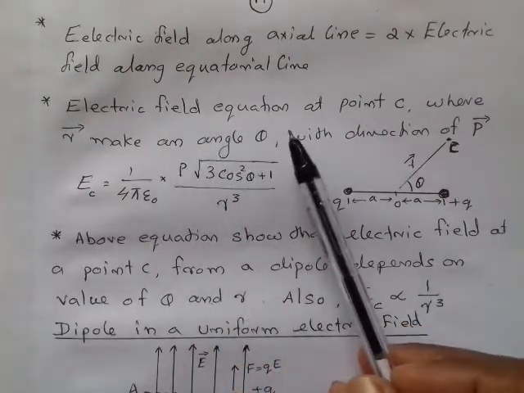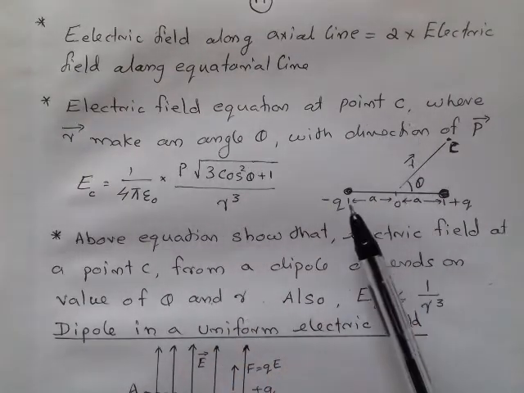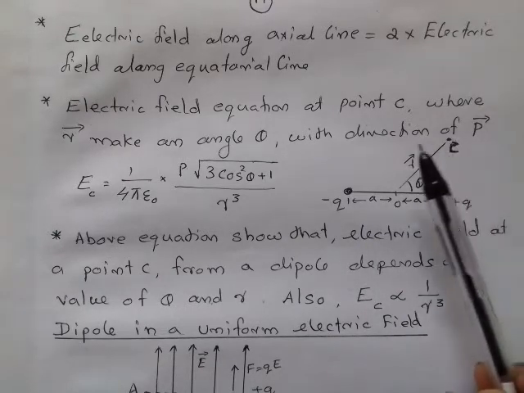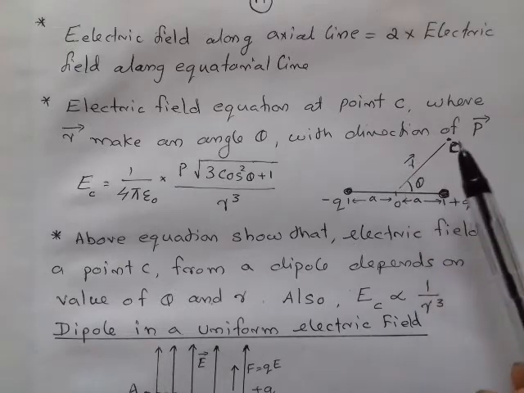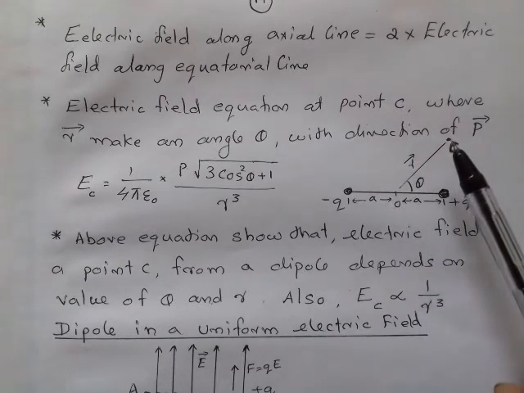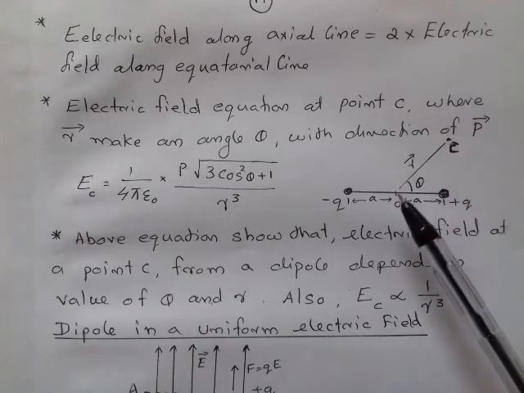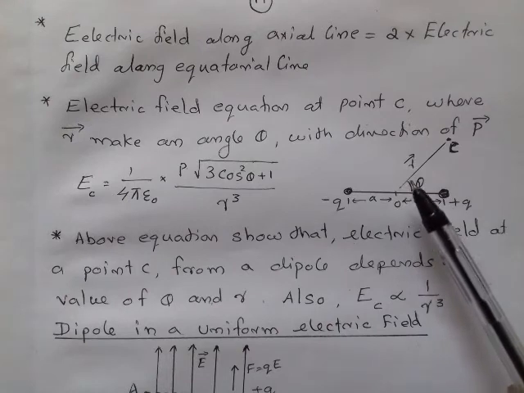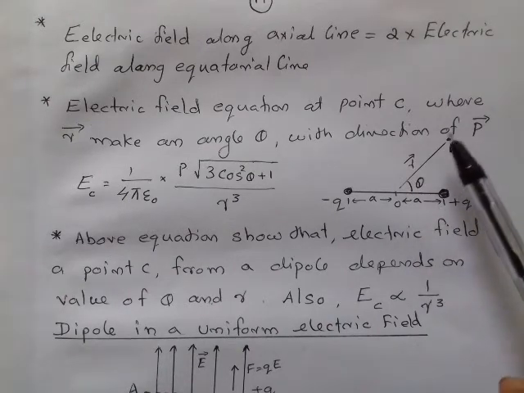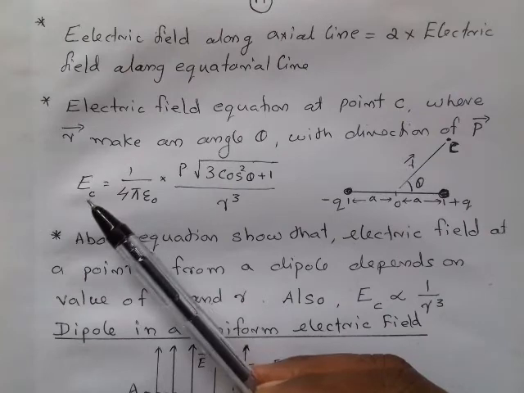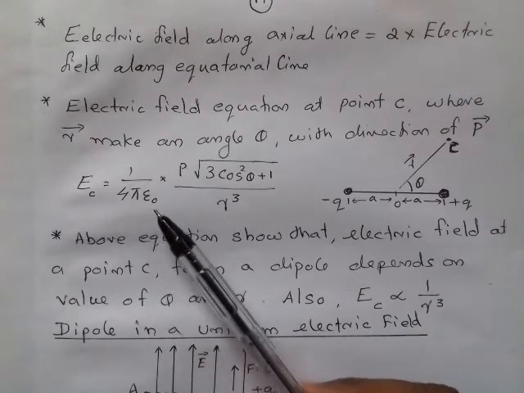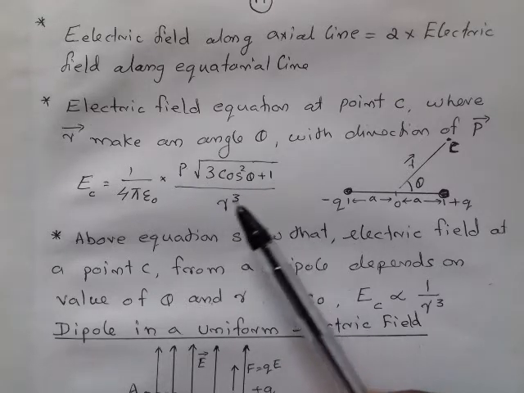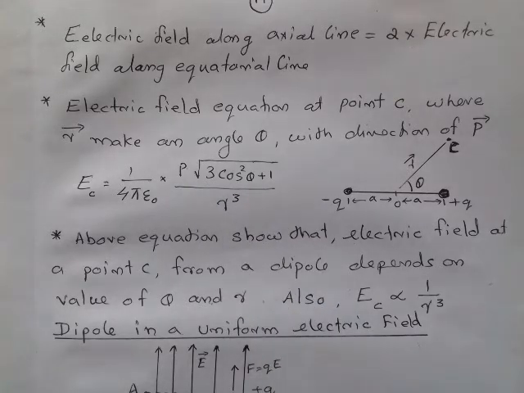Electric field equation at a general point C. This is an electric dipole and C is a general point, not exactly on the axial line or equatorial line. This point is at a distance r from the center of the dipole, and it makes an angle theta. So the equation for electric field is this one. E at C is 1 by 4 pi epsilon 0 into p root of 3 cos square theta plus 1, divided by r cube.